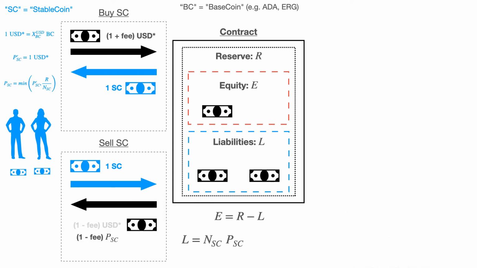And note that because the price of the stable coin is this minimum between $1 and the total reserve divided by the number of stable coins in circulation, the equity can never go below zero, so we don't have a balance sheet insolvency problem.